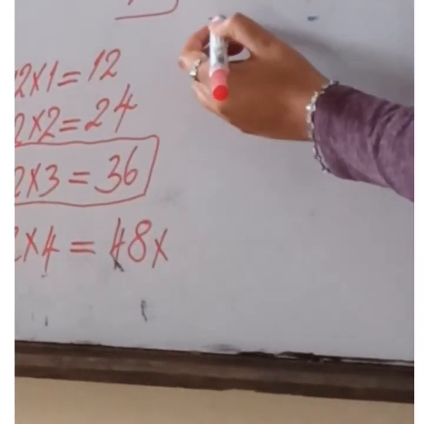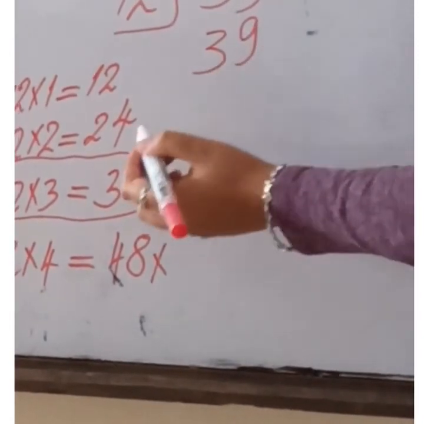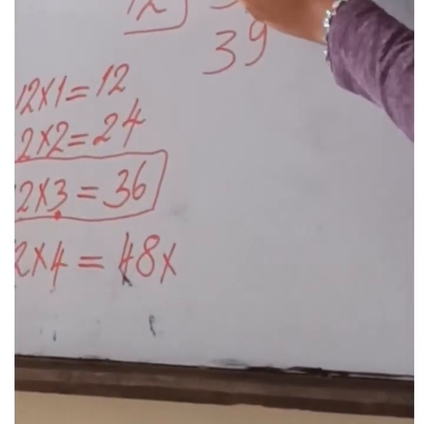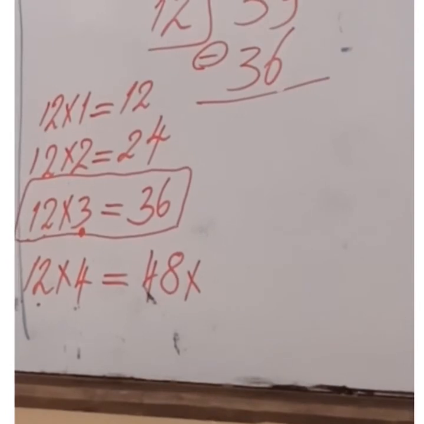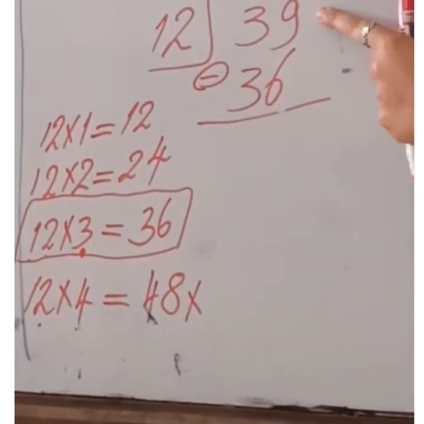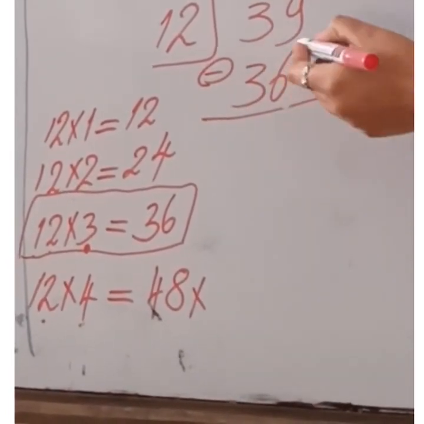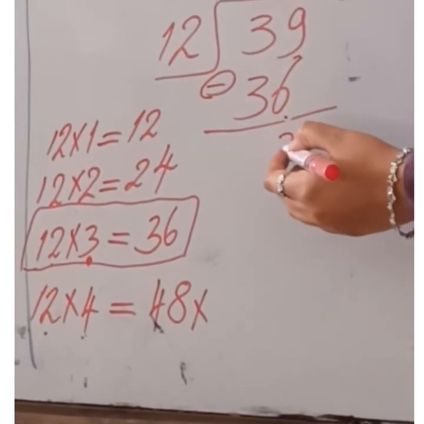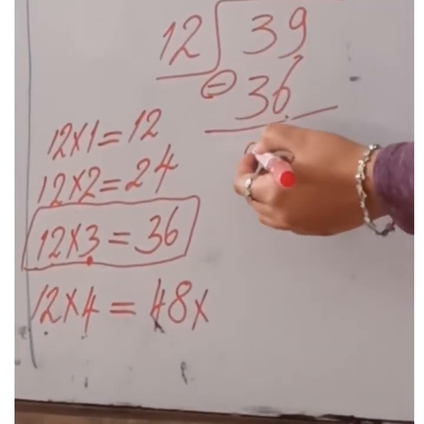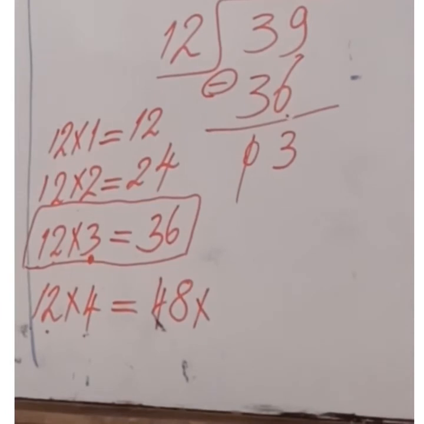We put 36 under 39 and put 3 in the answer here. If we subtract, 39 minus 36 equals 3.